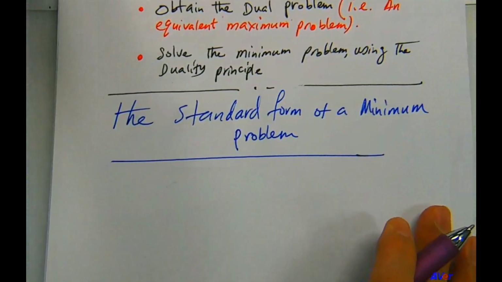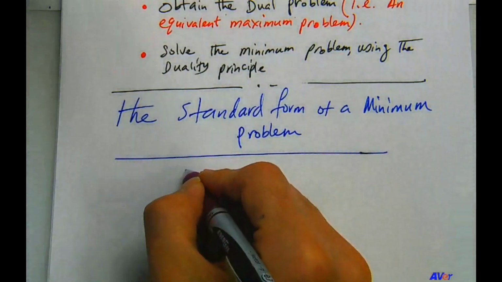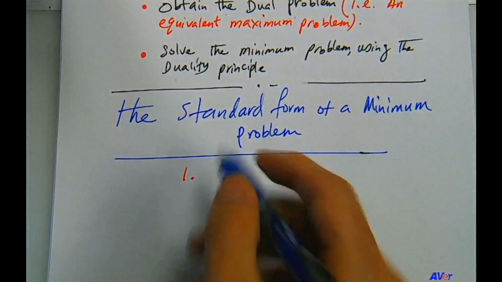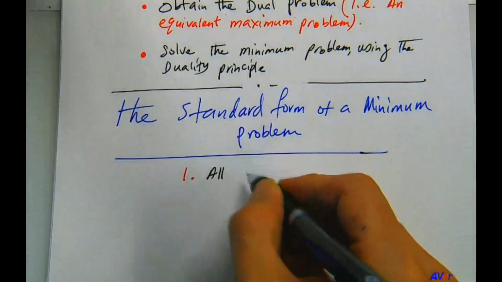So this is what the standard minimum problem consists of. One, all variables must be positive, just like the maximum problem, right? This was the same thing.